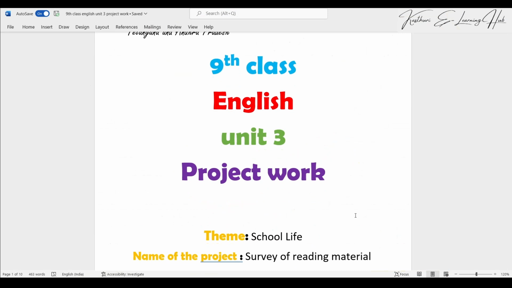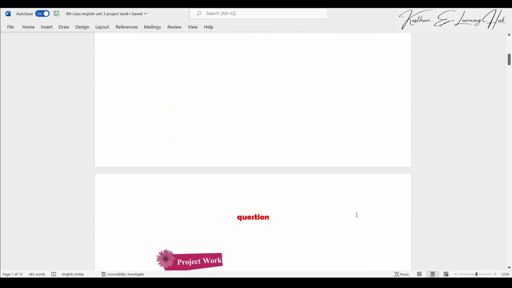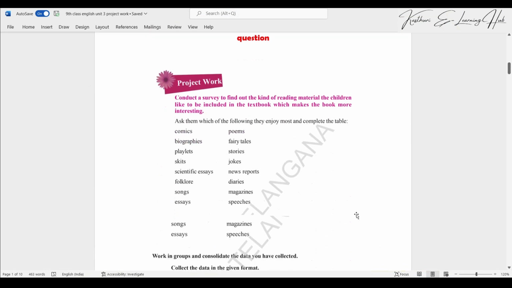And the task given in the textbook is, here we go with the question. This is the task given to us. Conduct a survey to find out the kind of reading material the children like to be included in the textbook.